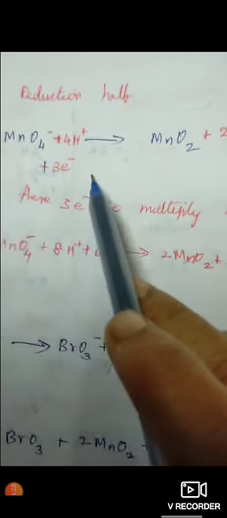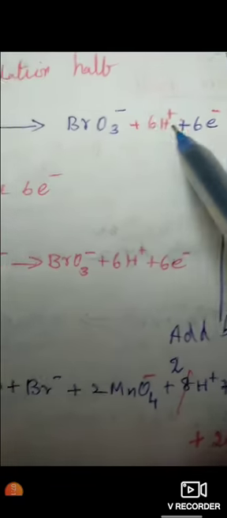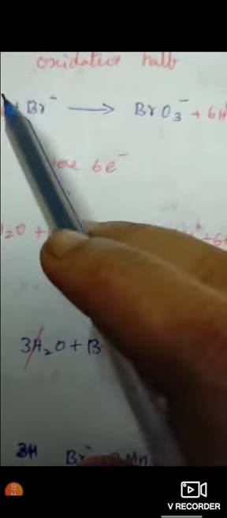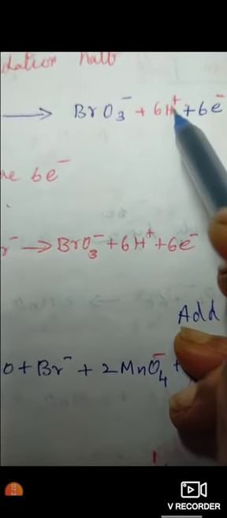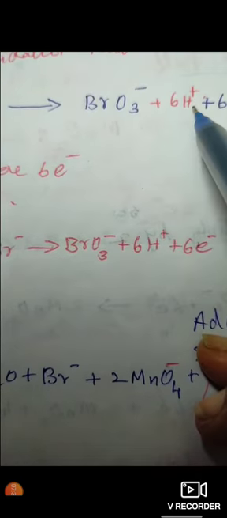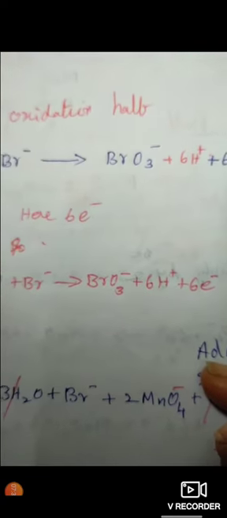So we added 3 electrons. Here 3 O are there, so 3 H2O we have written. 6 hydrogens are there, so 6 H plus. Charge is H plus minus, so 6 electrons.